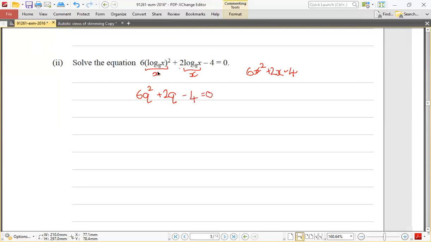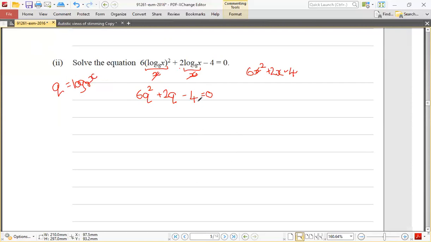What we're saying is, using q for what we're finding, q equals log 8x.